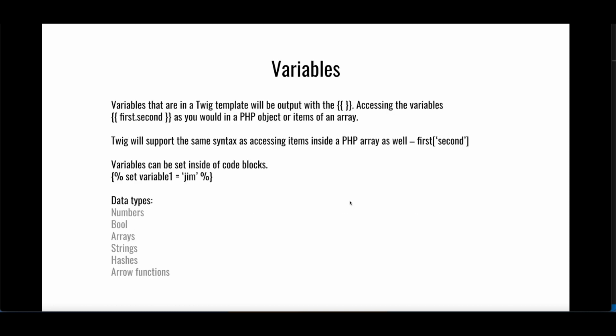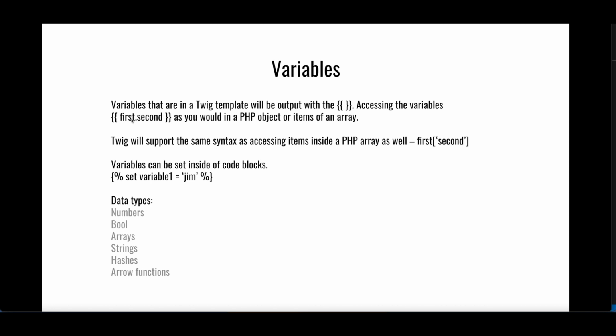Variables in a Twig template will be output with the double curly braces. Accessing the variables, let's say if you had an array, or maybe a single level item, we could just use the double curly braces and just write first.